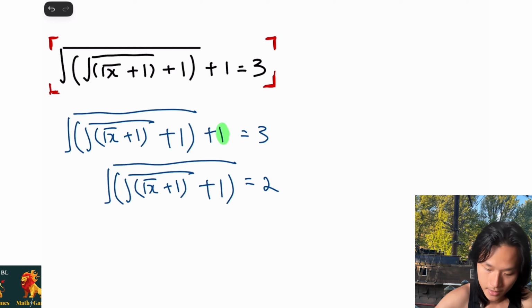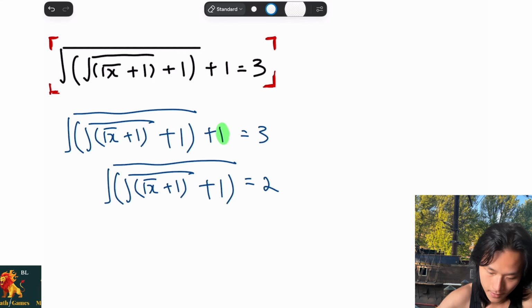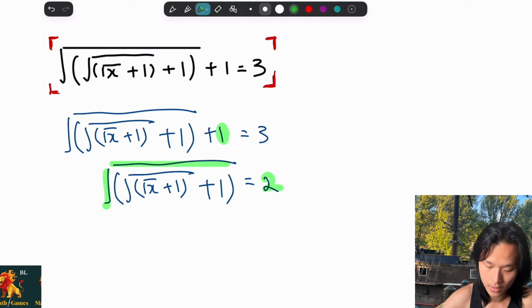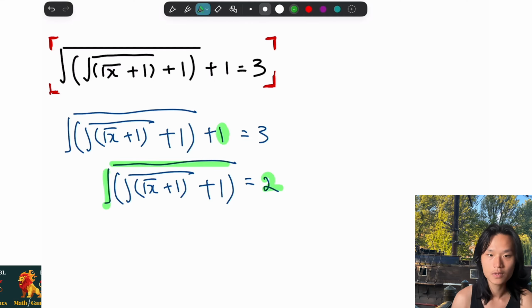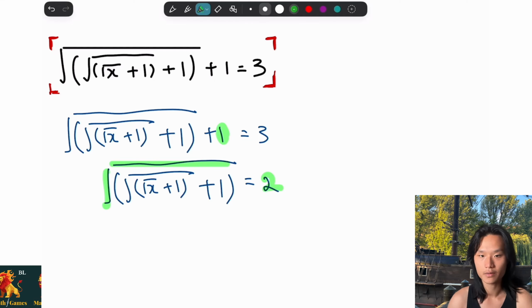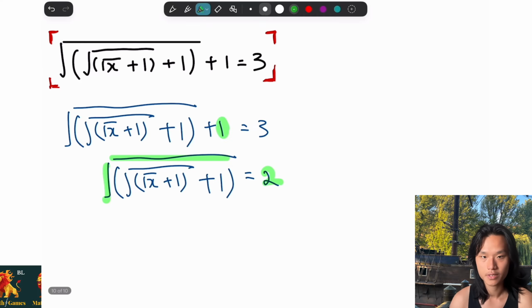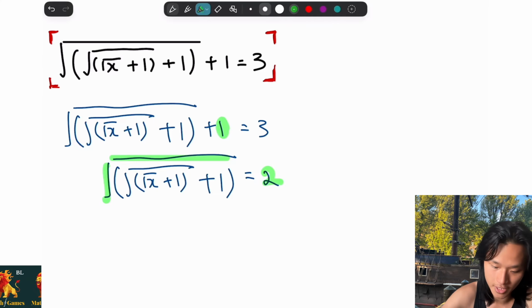Now notice we have this square root, and then the whole thing equals 2. In order to get rid of a square root, we can square both sides, because square roots and squares are inverse operations of each other.